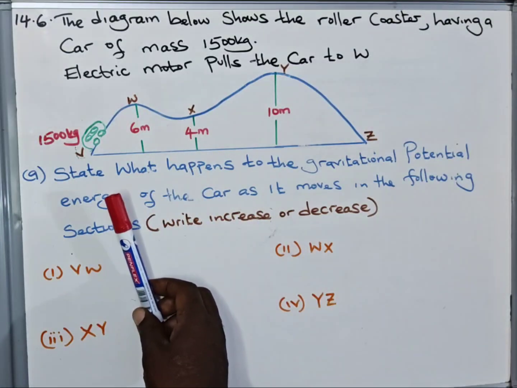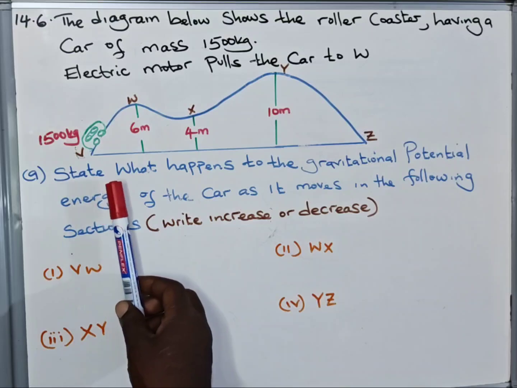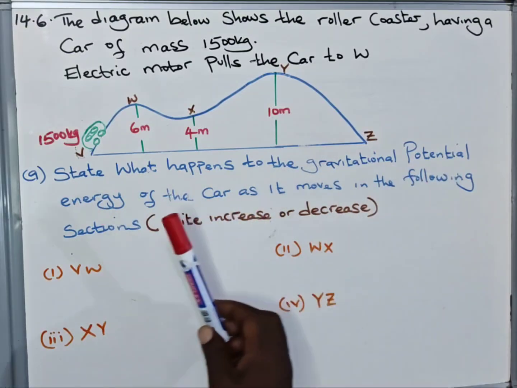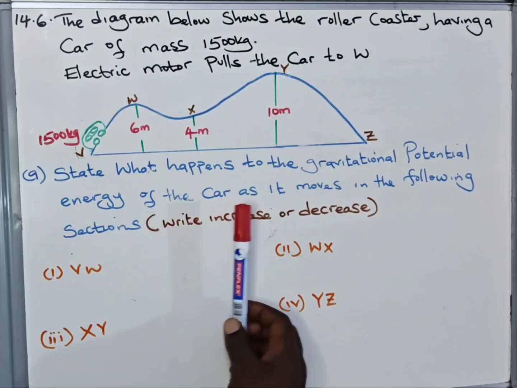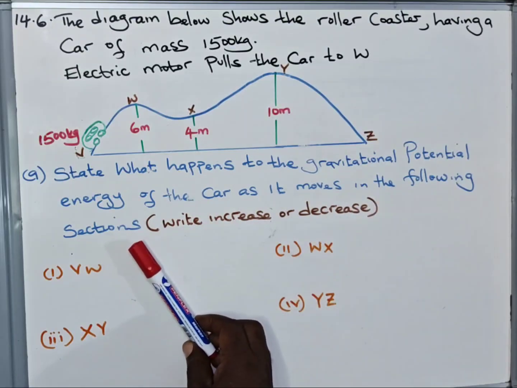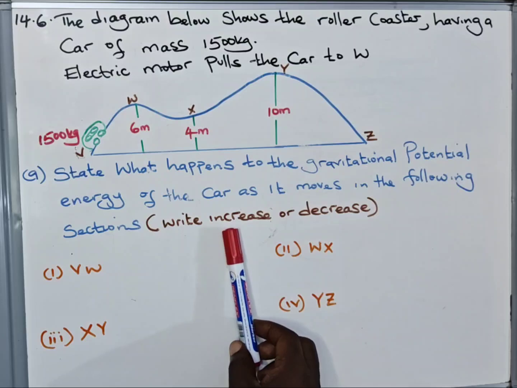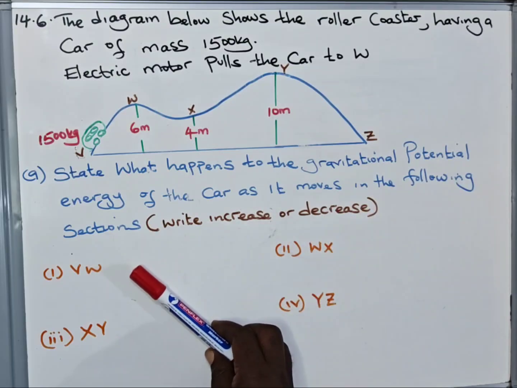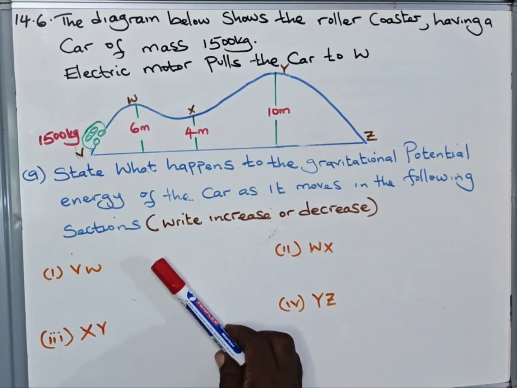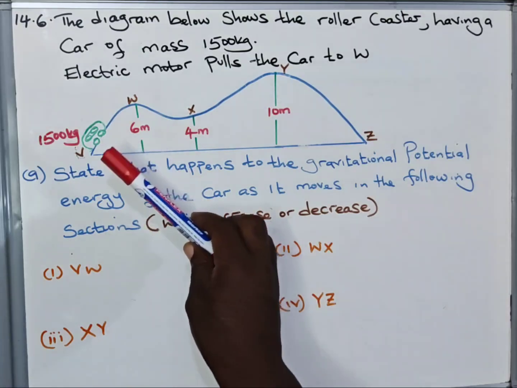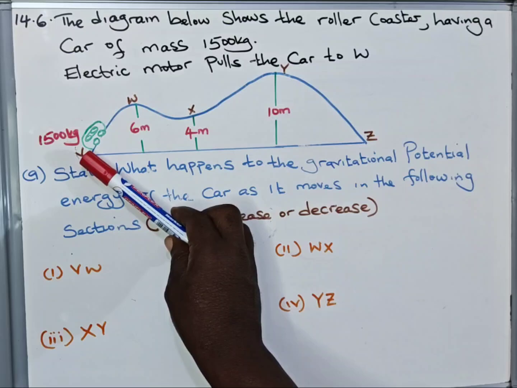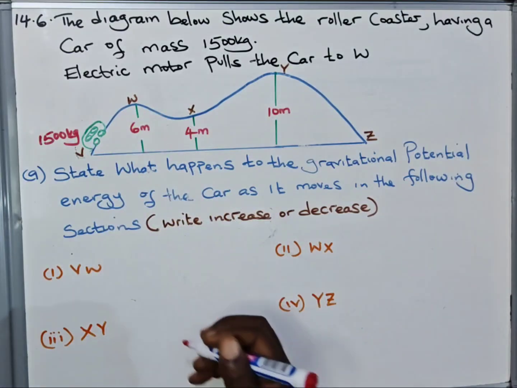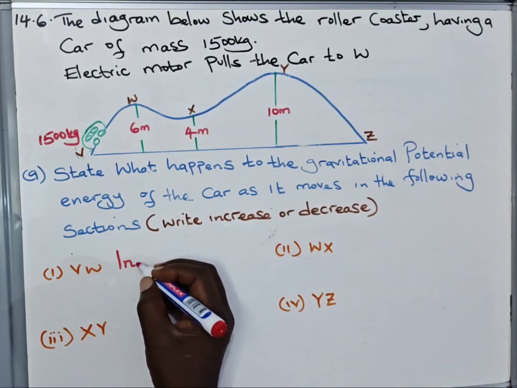Then the question says, state what happens to the gravitational potential energy of the car as it moves in the following sections. Write increase or decrease. The first one is VW. So what happens to the gravitational potential energy as the car moves from V to W? The answer is increase.